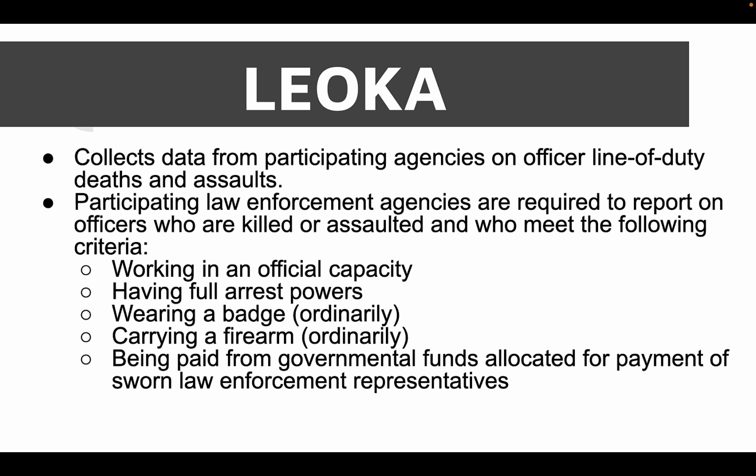So that's a lot of data that we have that's all coming from law enforcement agencies. That's a lot of stuff, but you can see how each one's a little bit different and they slice a little bit differently in what they're collecting and what we can understand from them.